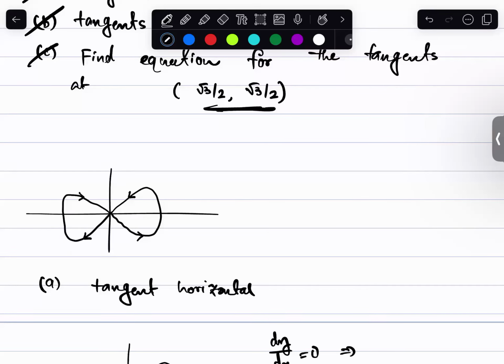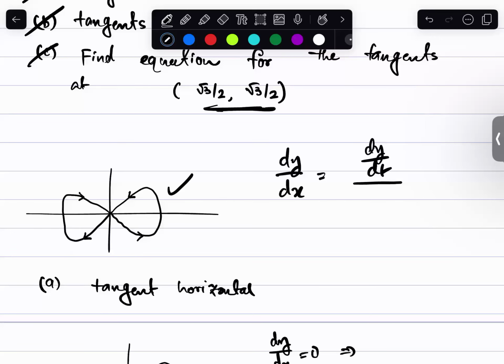So if I draw the curve, it will look like this. You can use some software to visualize, or you can try to evaluate as well by taking different values of t and guessing how the curve will look like. I'll not do that here explicitly, but you will get this as your graph of the parametric equation.